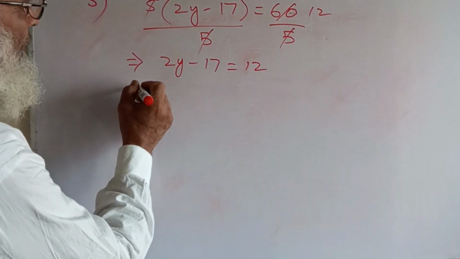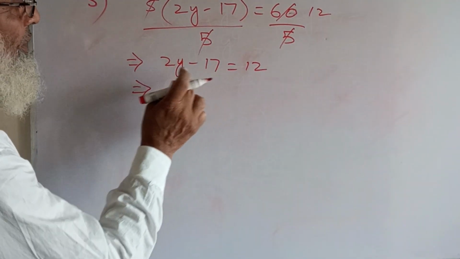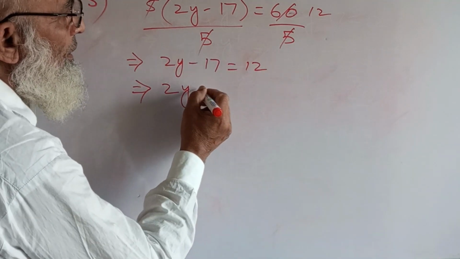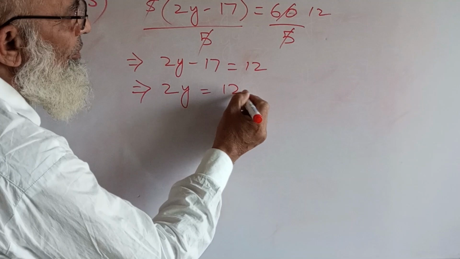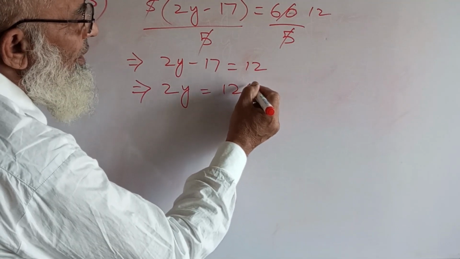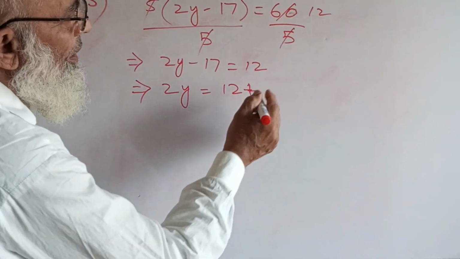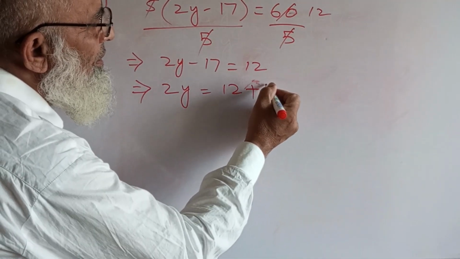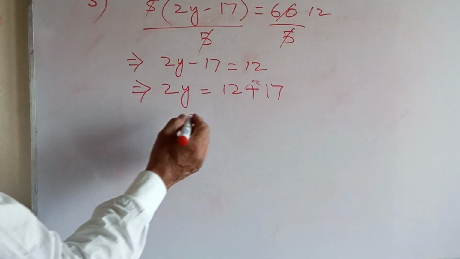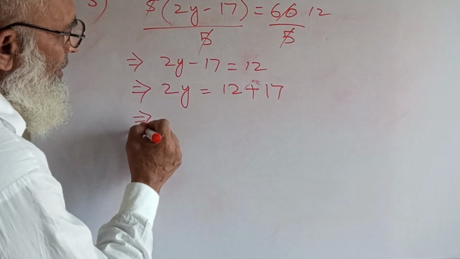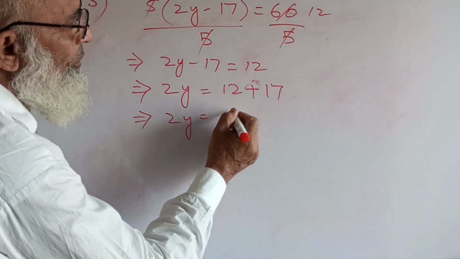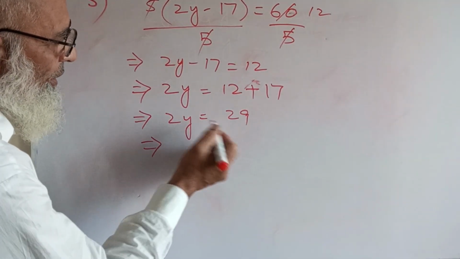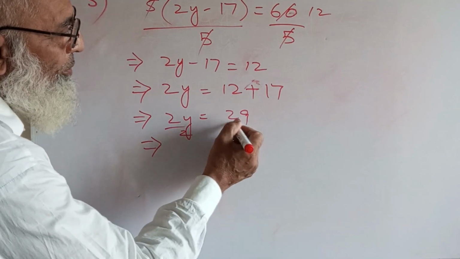Okay, now get rid of this as well. Take it there: 2y is equal to 12 plus 17. 12 plus 17 will become 29, so 2y is equal to 29, and divide both sides by 2.